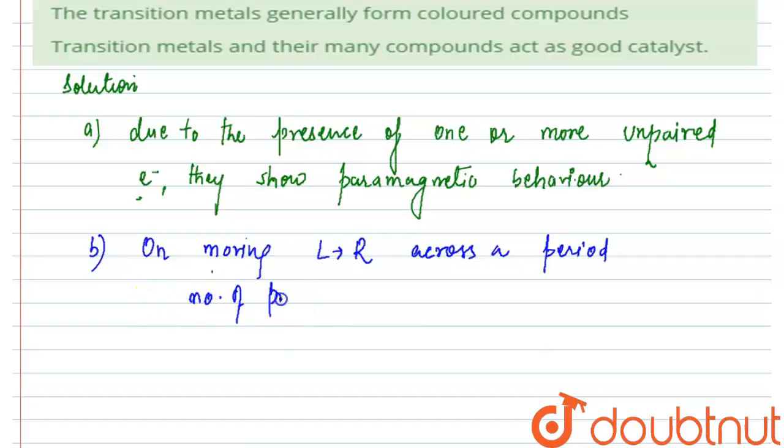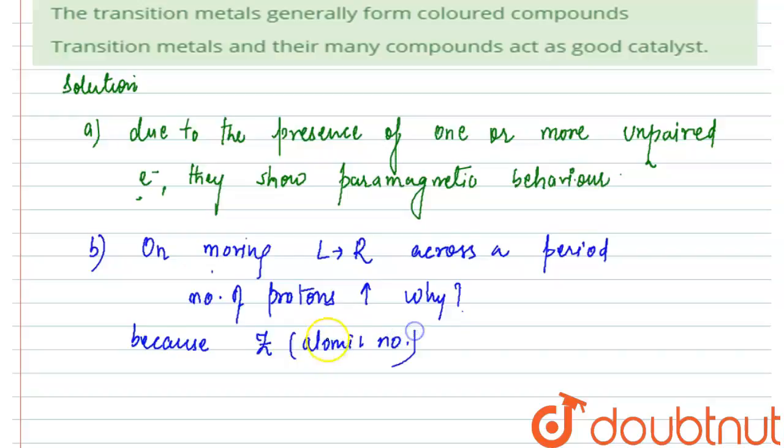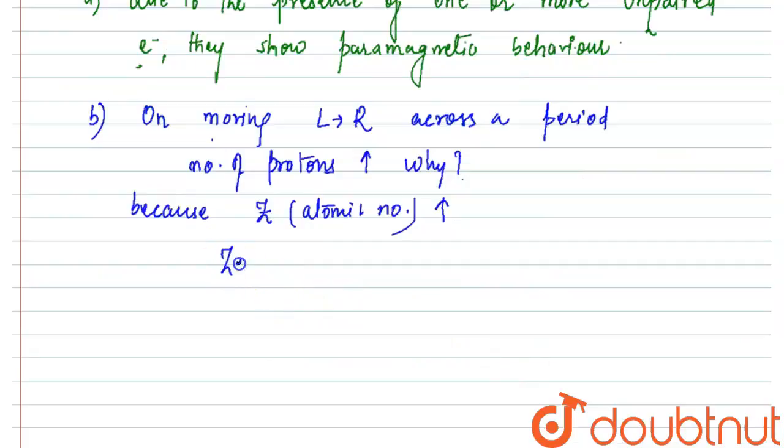Because the number of protons is increasing, that is, Z, the atomic number, is increasing. When the atomic number is increasing, the Z effective, that is the effective nuclear charge, is also increasing, and the valence electrons also increase.